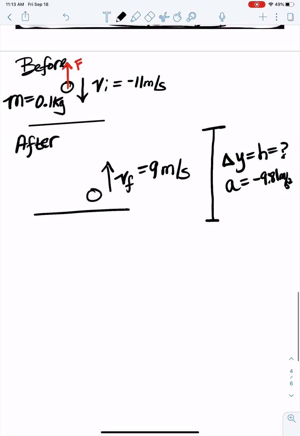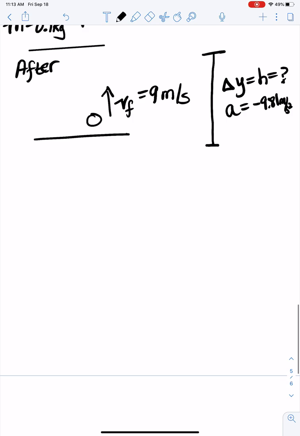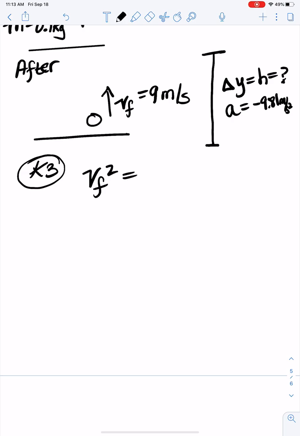We just need a kinematics formula that doesn't involve time. So which one doesn't involve time? Do you remember? It's K3, right? VF squared equals VI squared plus 2A delta Y. All right, so from that we can go ahead and plug in our VF, which is, so this is tricky, right?